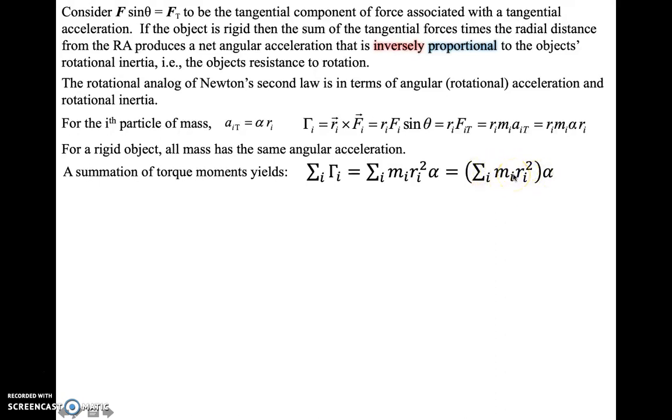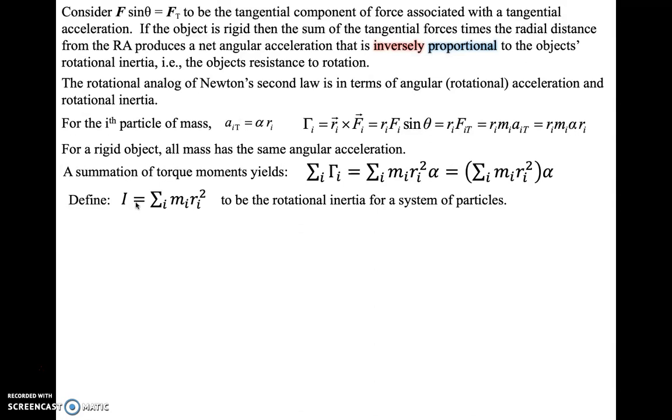We're defining an analog in terms of Newton's second law, F equals ma. Mass is resistance to acceleration times acceleration, except here now it's angular acceleration, and the term in parentheses represents this resistance to angular acceleration. So we're going to write a capital I to represent that moment. It's called the rotational inertia of an object.